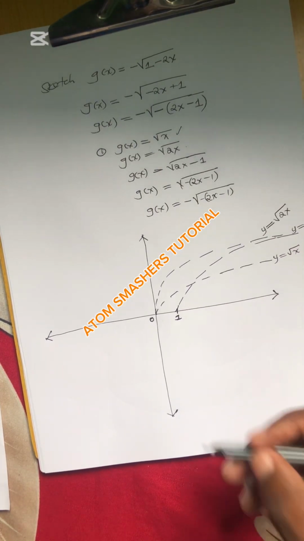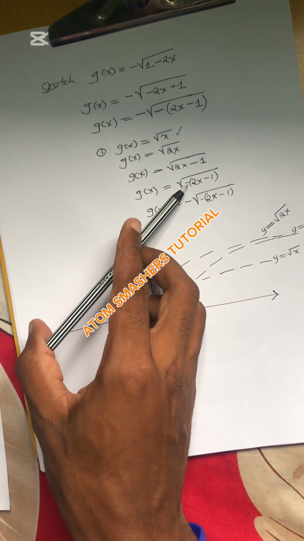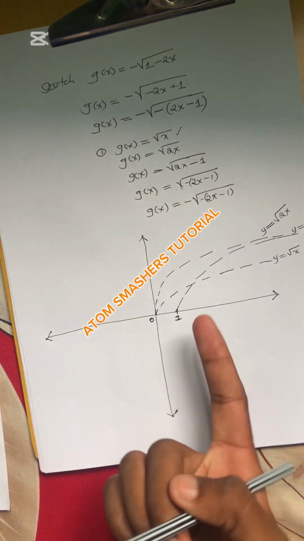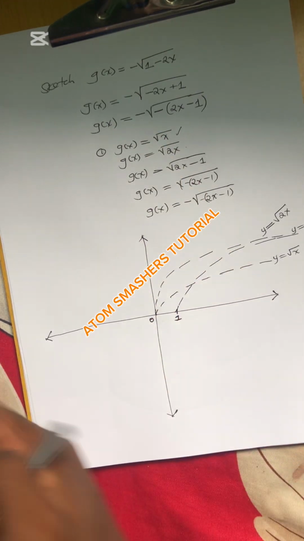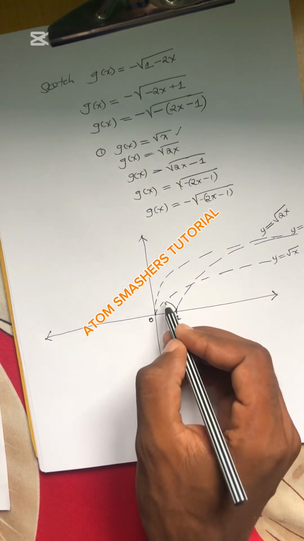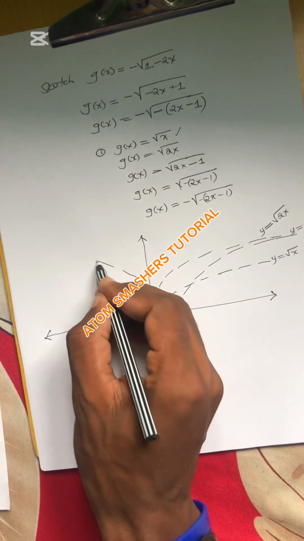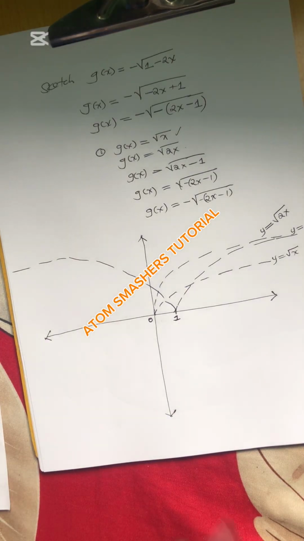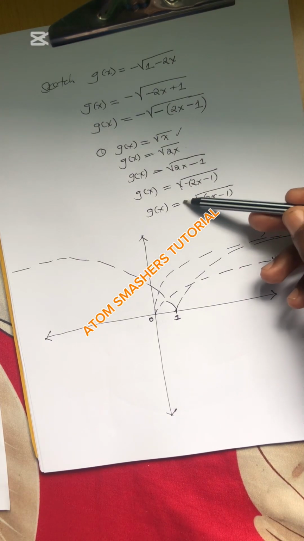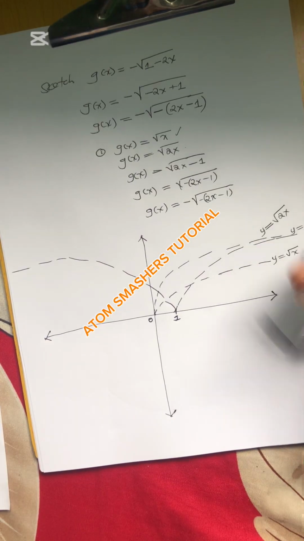All right. Then the effect of this negative will turn this graph more like a mirror to the other side. So the graph now will shift to the other side. Okay. Then the effect of this negative, which is outside, is to flip the graph.